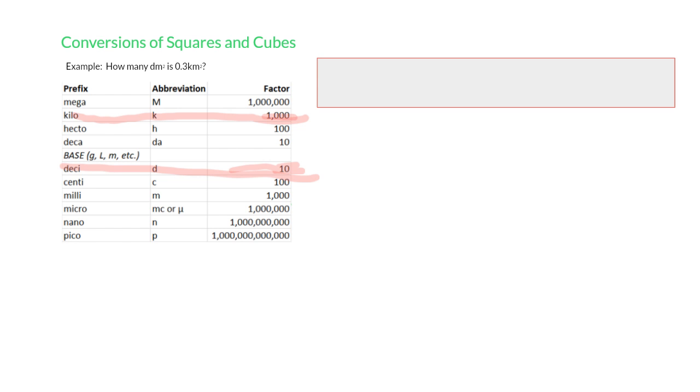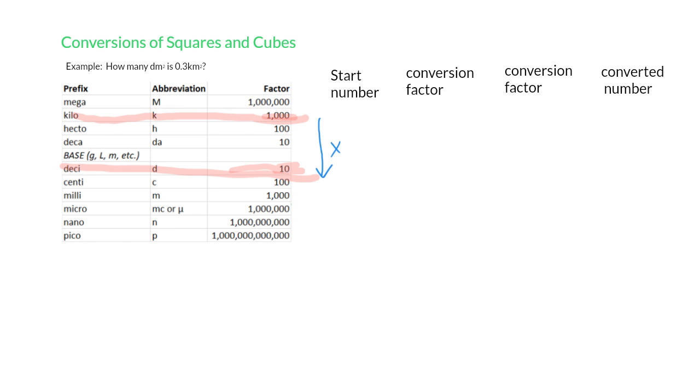Because we're going from a big unit to a smaller unit, we're going to multiply. So that means that we're going to use our starting number multiplied times our conversion factor, multiplied times the other conversion factor. That's going to equal our converted number. We have those numbers, so we can just plug them in.